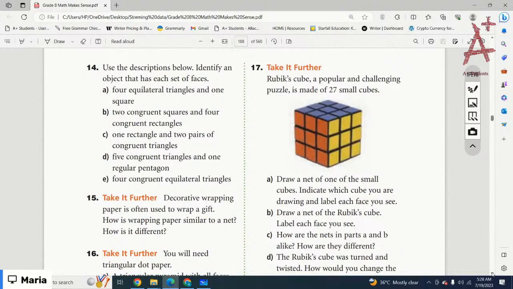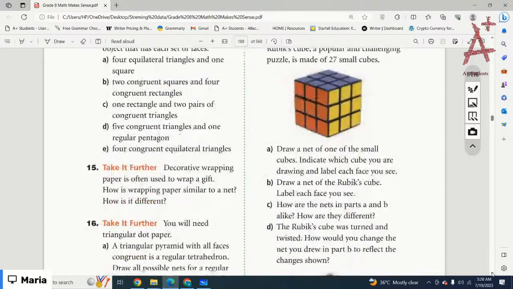Okay, you can do it. B: draw a net of the Rubik's Cube. Okay, how are the nets in part A and part B alike? You can do question number 17 on your own because you have to draw. I cannot draw on the board. Got it? Let's just start with the next lesson.